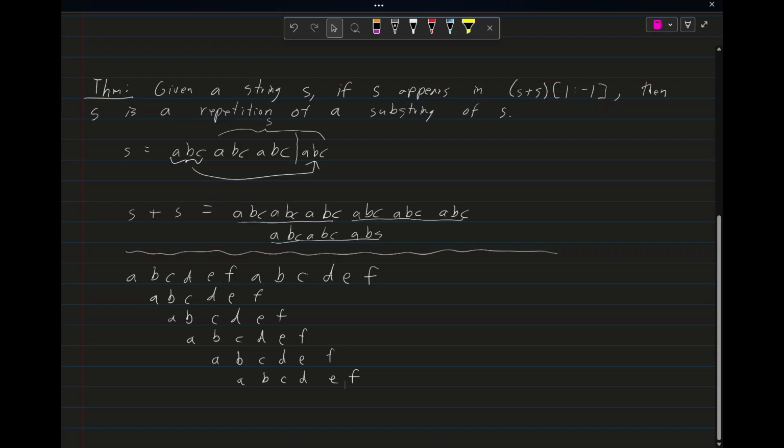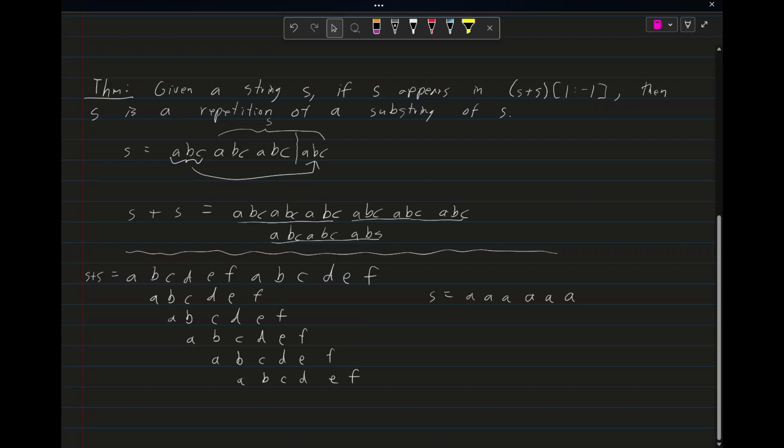So here we're going to say S plus S is just this. And if S appears offset by 1 within S plus S, then S is just 6 copies of A, because in this case all of the characters are equal to each other.